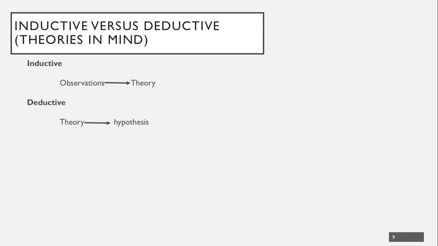So now let's connect theories with inductive and deductive reasoning. In inductive reasoning, we use observations and then we come up with a theory. For example, there's one theory called objectification theory. In that theory, they talk about how a variety of things, like media, create a culture of objectification.